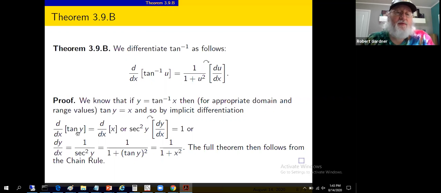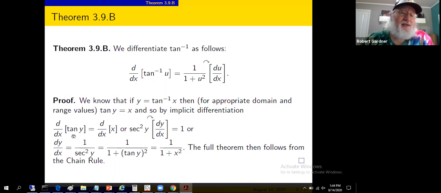Take a derivative of tangent y with respect to x. Take a derivative of the right-hand side, x, with respect to x. The right-hand side has derivative of 1. Left-hand side, this is a composition of functions, the tangent function with a y function inside it. What's the derivative of tangent? Secant squared.